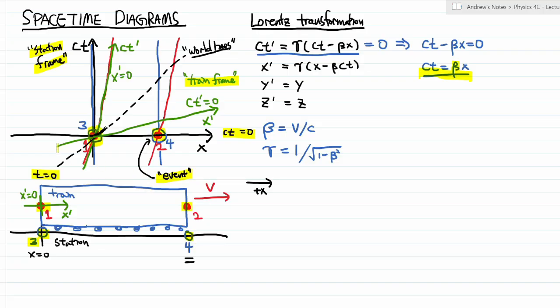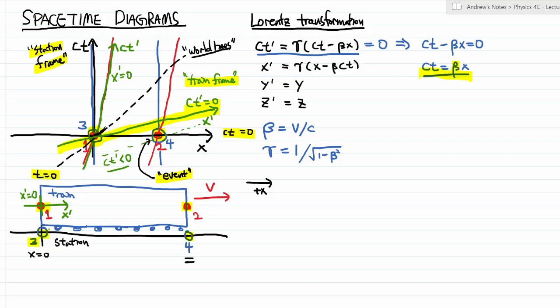And now, the set of points that have t prime equal to 0 are these axis points, which means this event of number 2 crossing number 4 didn't happen at ct prime equals 0. In fact, considering the arrangement, it looks like it happened for some time value less than 0.